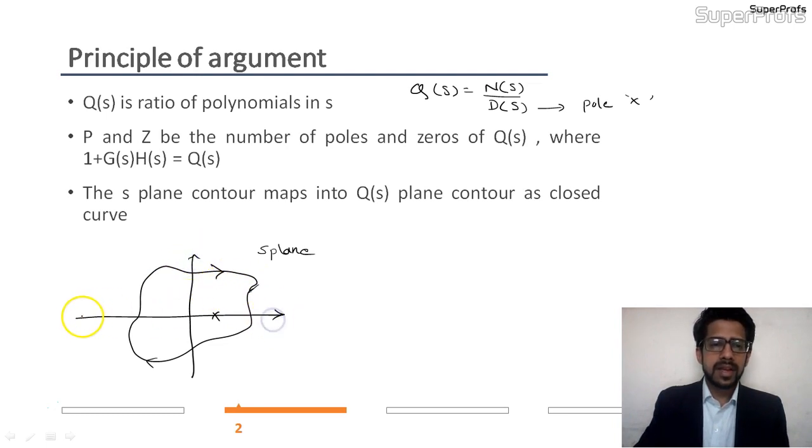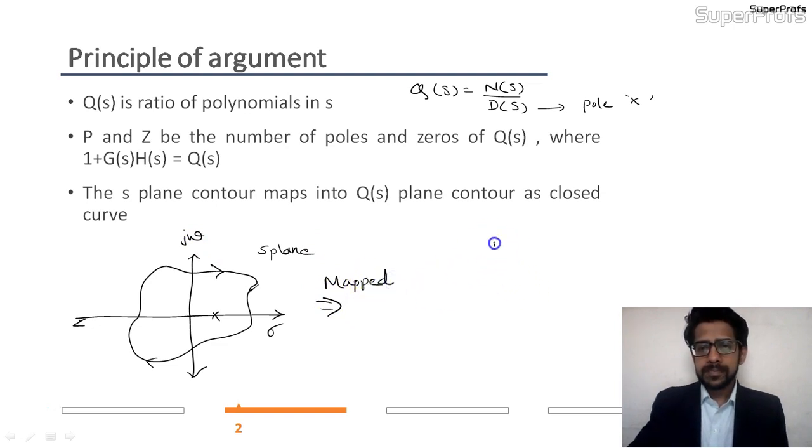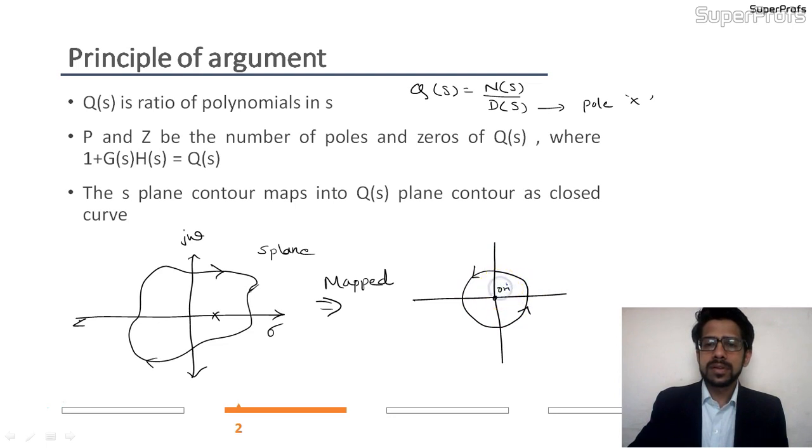So this is the S-plane, sigma plus j omega, and this will be mapped as an anti-clockwise encirclement around the origin in the Q(S) plane.